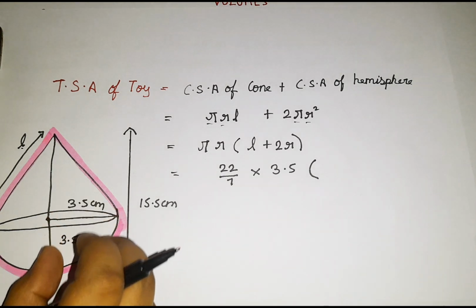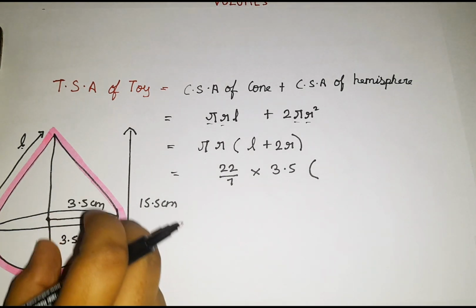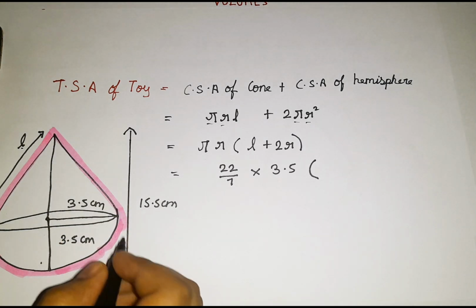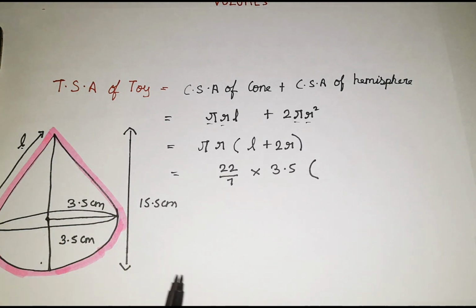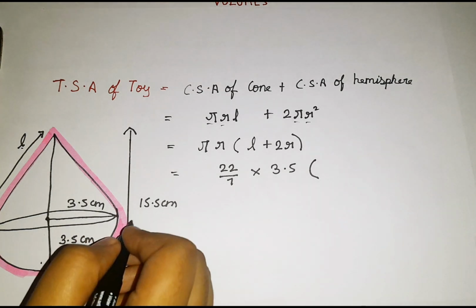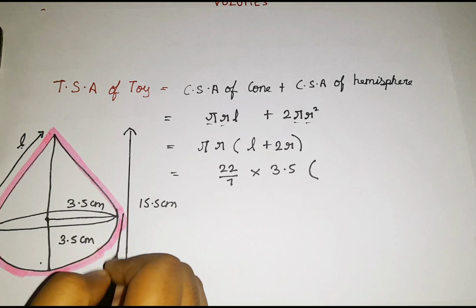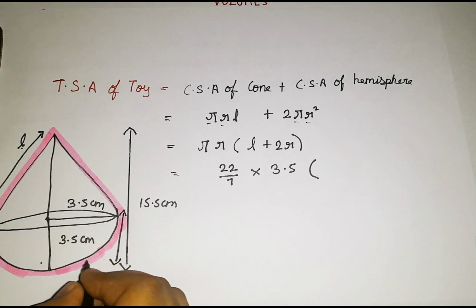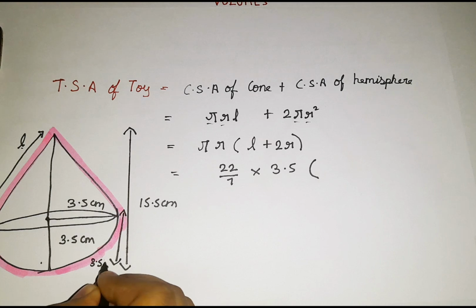Since this part is a radius for this hemisphere, from the starting of the hemisphere until the end of the hemisphere, this measurement is 3.5 centimeter.